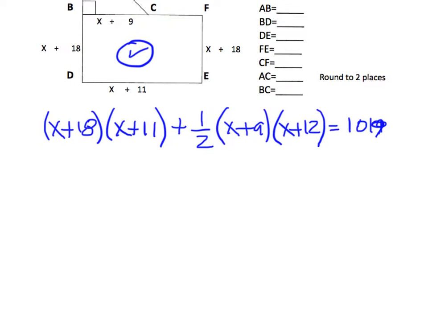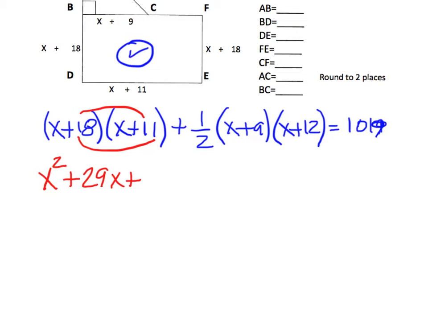Alright, so we have to solve this equation for x, the only value of x that would work out in this problem. Okay, so we're going to need x squared and then plus, and to get the middle term you add these two together, so that would be 29x, and to get the back term you multiply these two together.